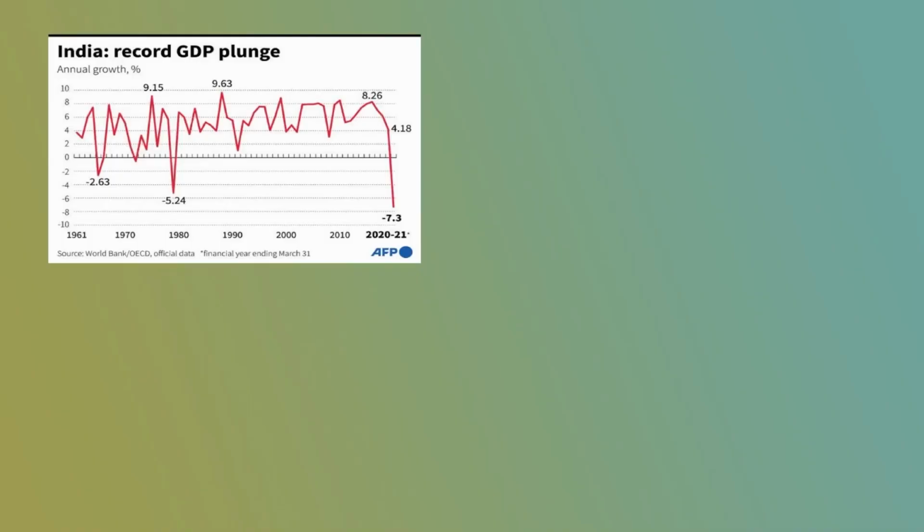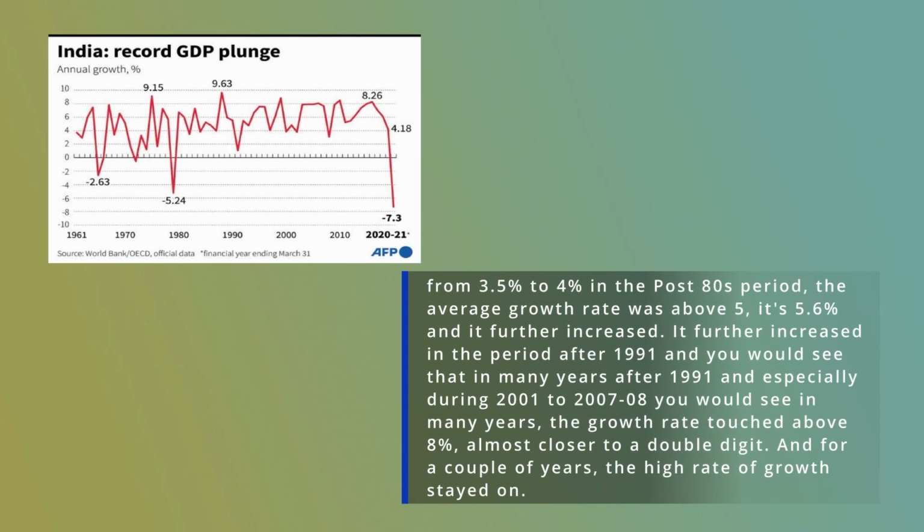Even if we say that it's not the Hindu rate of growth, and I would go by that, you would say that it is a phase of low growth, from 3.5% to 4%. In the post-80s period, the average growth rate was above 5, at 5.6%. And it further increased in the period after 1991.